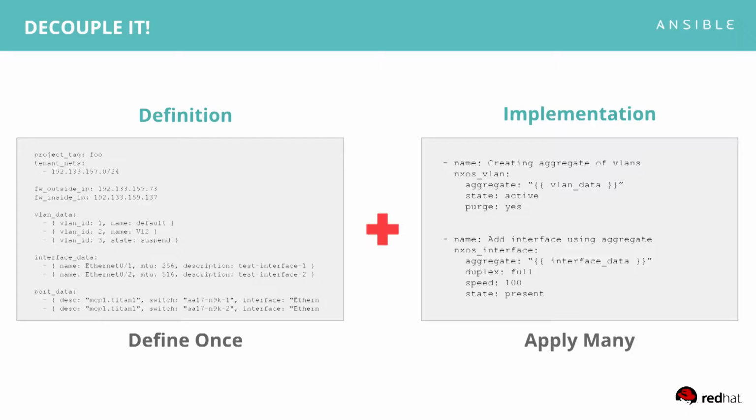And here you have this notion of infrastructure as code. On the left side, you have this aggregate data that I was using. It's a YAML file, it's in Git. It defines the states of my VLANs, their names, and it defines interface data. On the right side, you've got a very simple playbook that will take this data and apply it to something in the inventory.